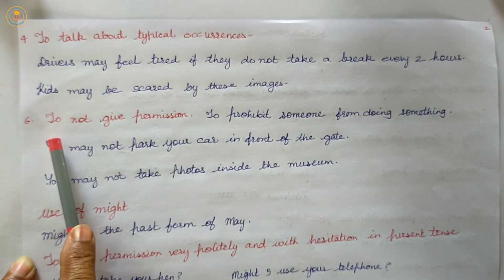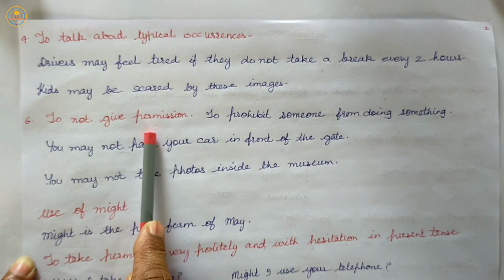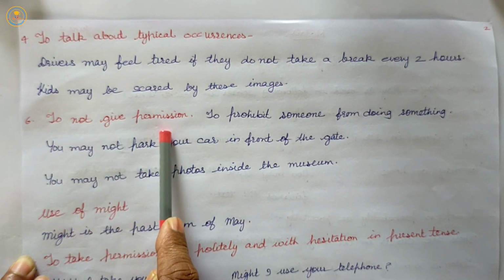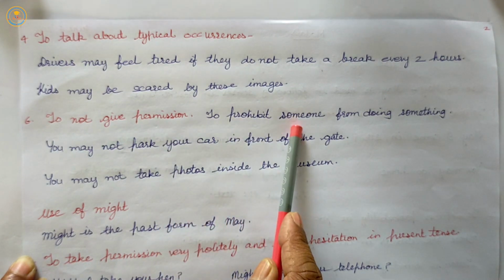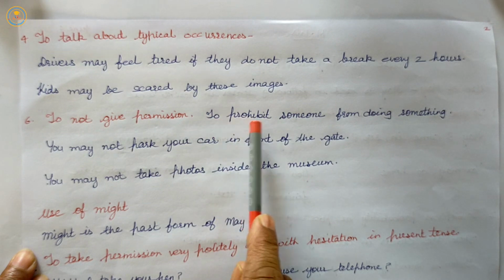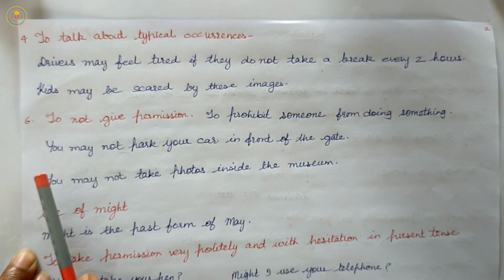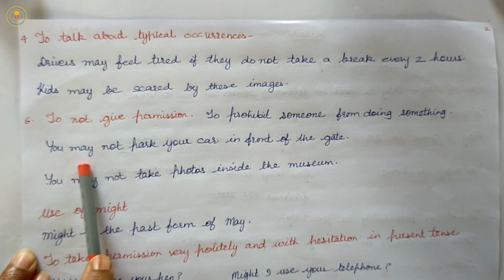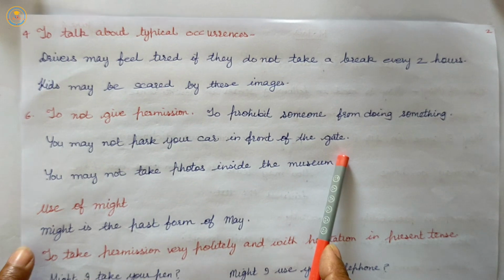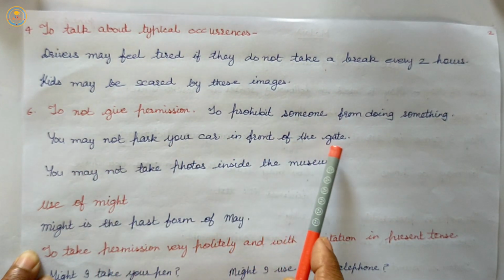Next, to not give permission, which means prohibition: to prohibit someone from doing something. Example: you may not park your car in front of the gate.